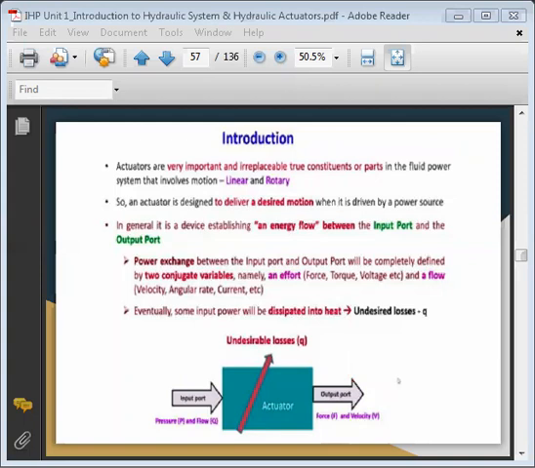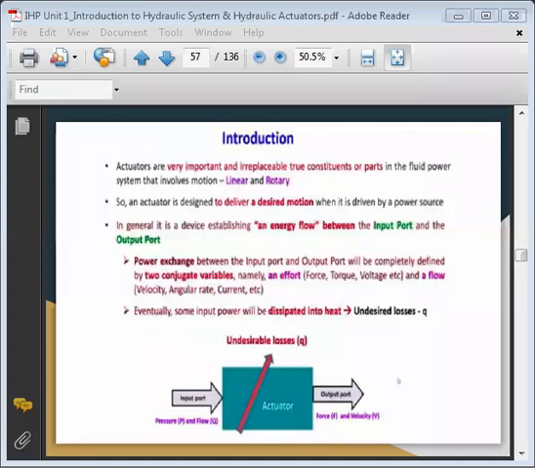Within 1 minute, write down the definition. Once again I will repeat.